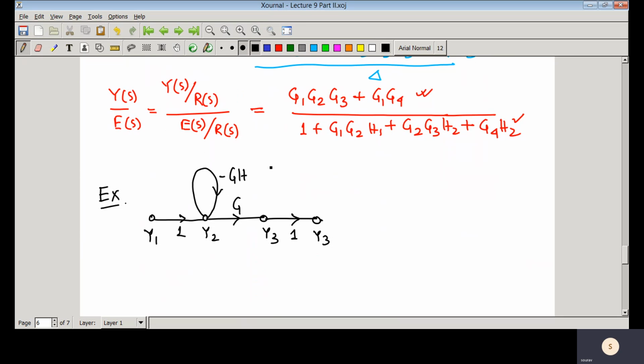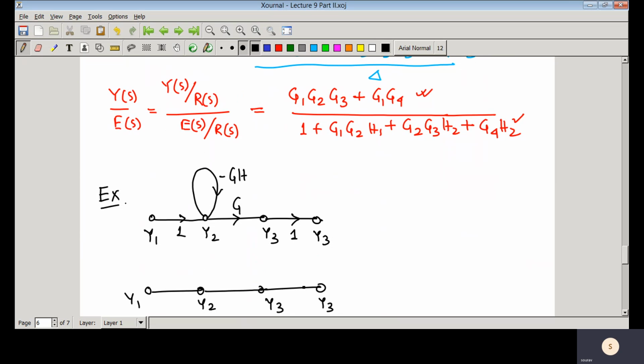So now if I draw another signal flow graph, which is this one, this is y1, this is y2, this is y3.